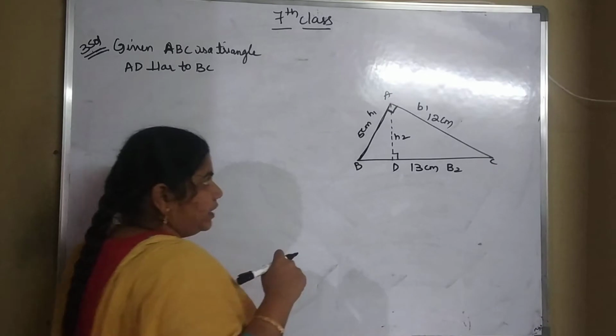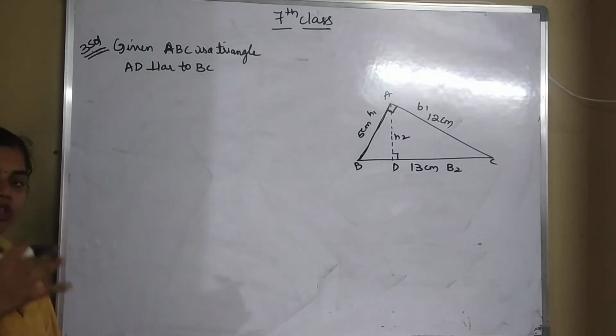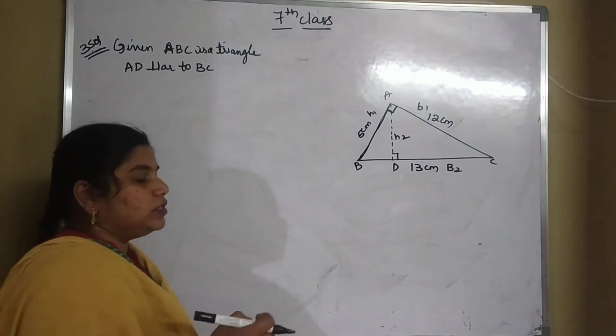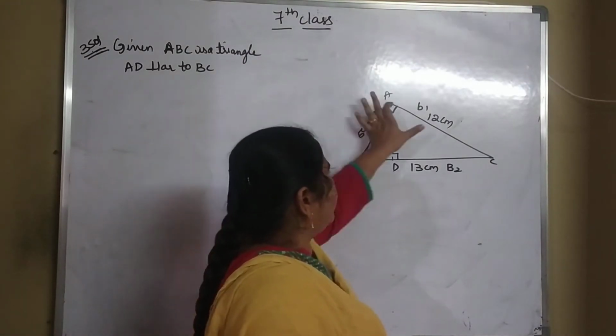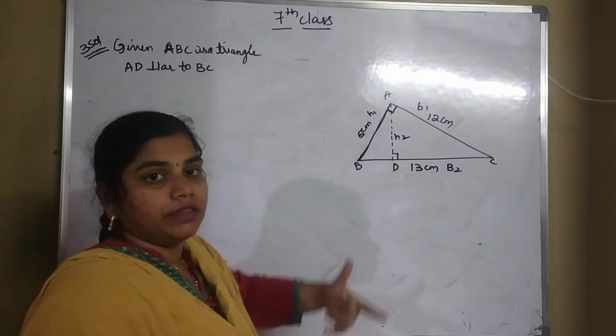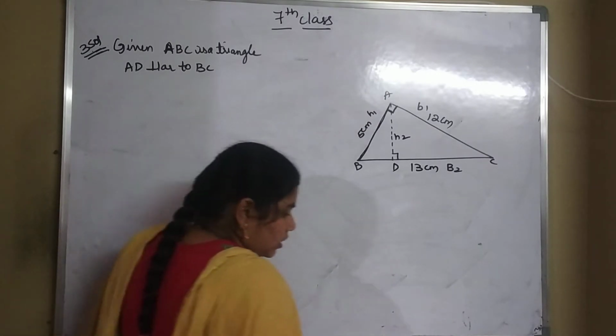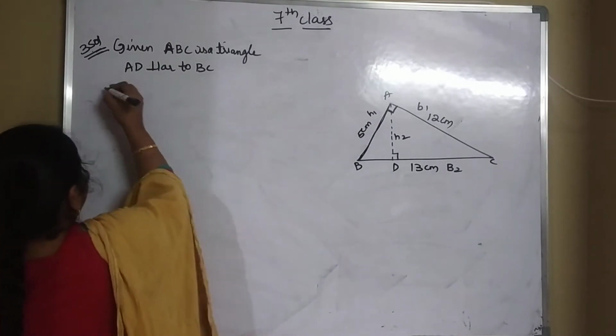For finding the area, first we want both the base value and the height value. Which base and height can we take? This height together with this base we can take for finding the area of the triangle. So first find the area of the triangle here.